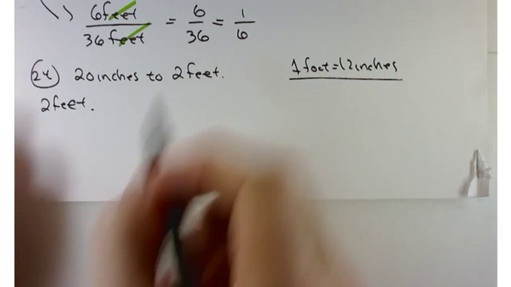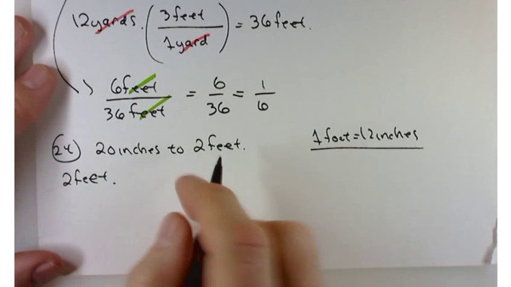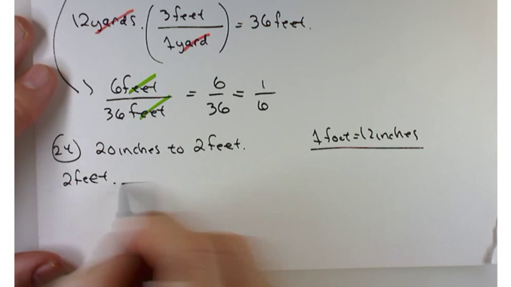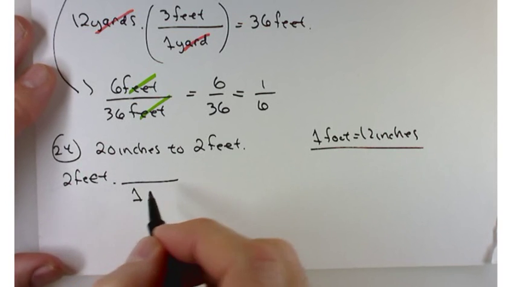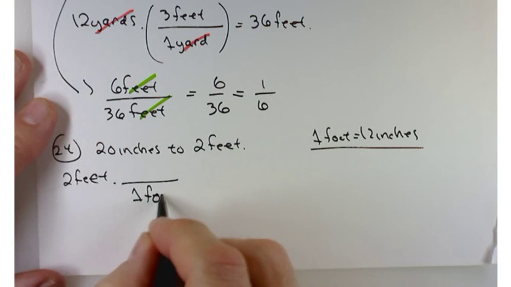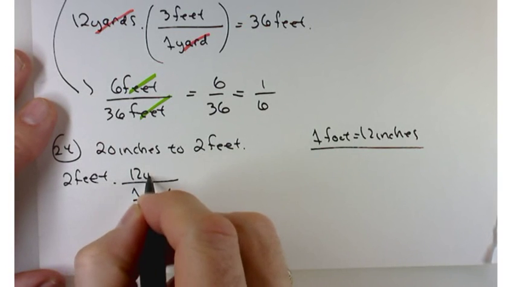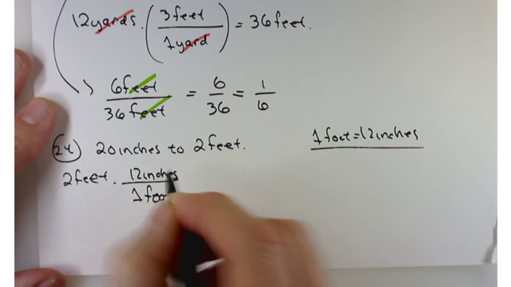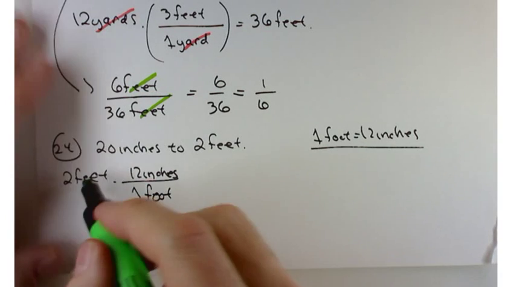All right, so if I'm going to convert to the smaller unit, then we're going to take 2 feet and multiply it by something that's going to cancel with feet. 1 foot has 12 inches. So I'm going to get some cancellation here.